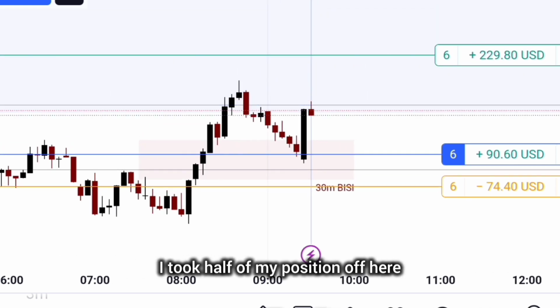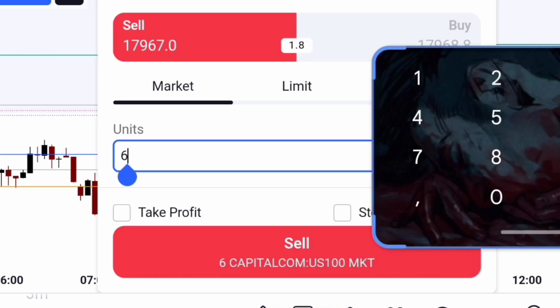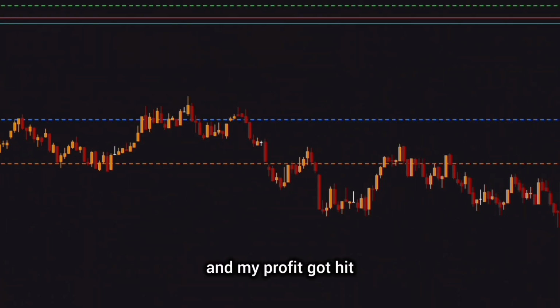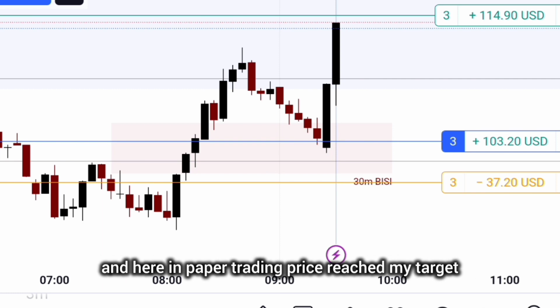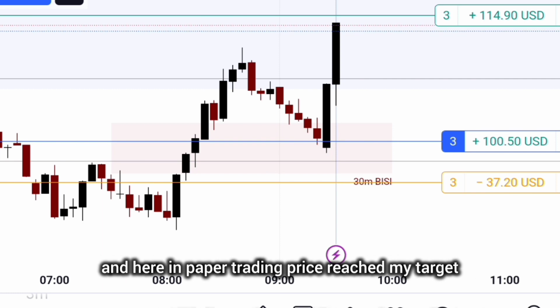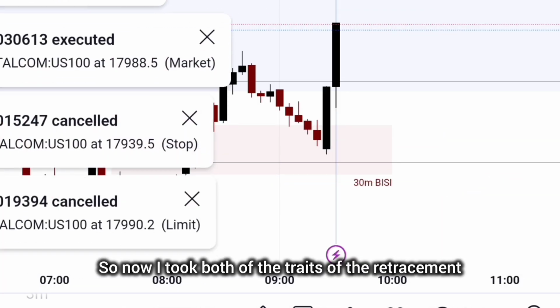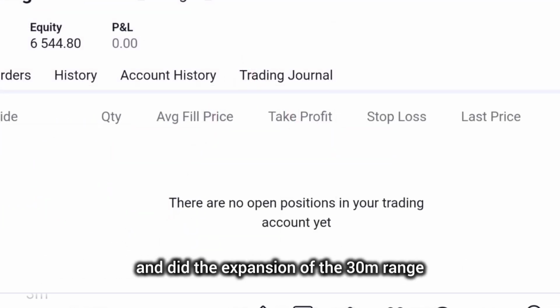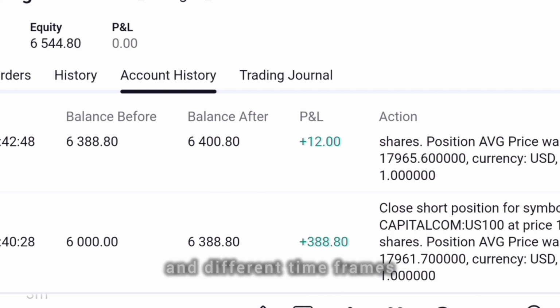I took half of my position off here and I also took this trade with real money and my profit got hit. And here in paper trading, price reached my target. So now I took both of the trades after retracement and then the expansion of the half an hour range in different ranges and different time frames.